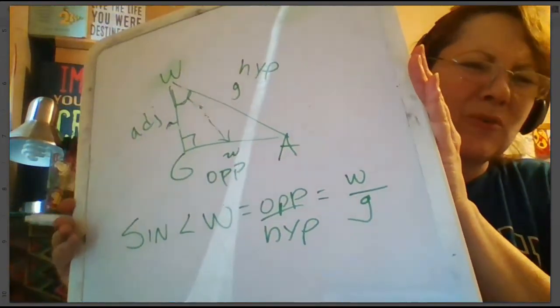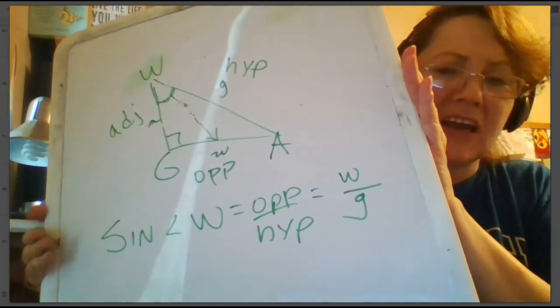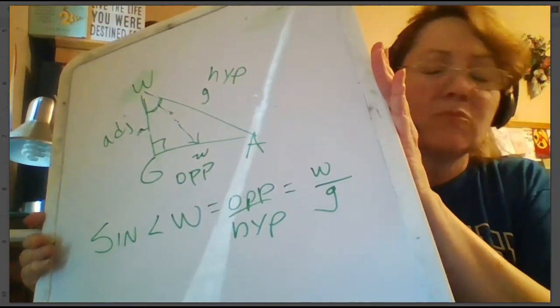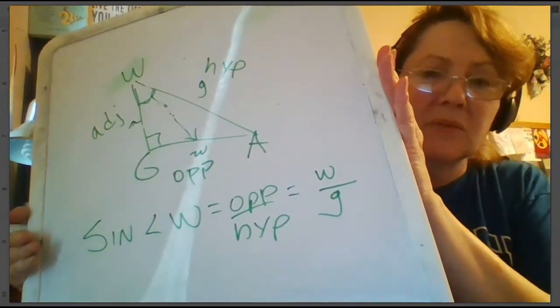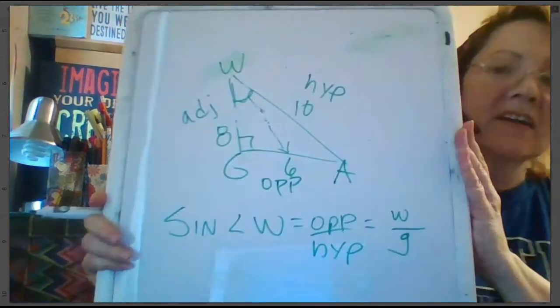Okay, so if those small letters like W, G, and A confuse you, then put numbers in there. Just put numbers in there. I know 6, 8, and 10 is another right triangle. So I could do 6, 8, and 10.